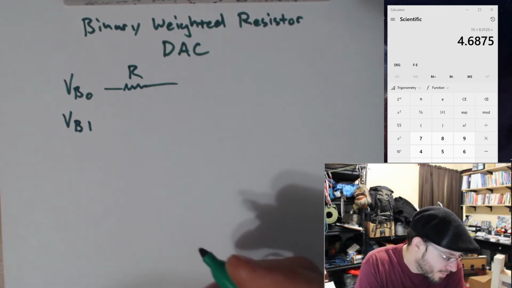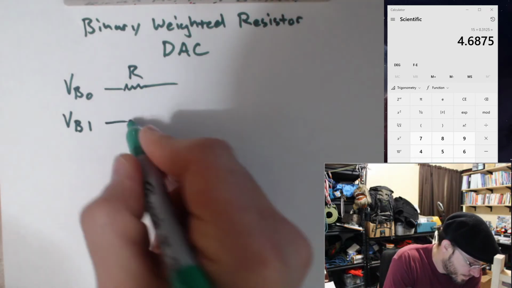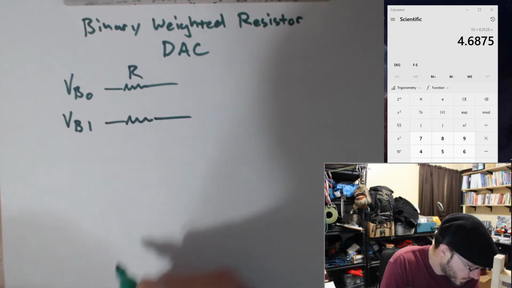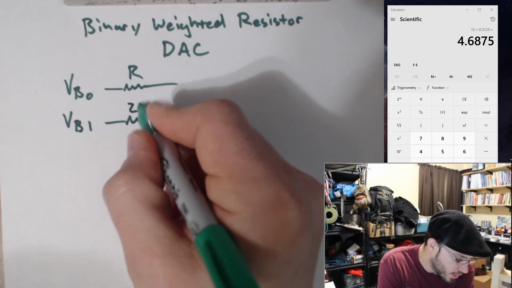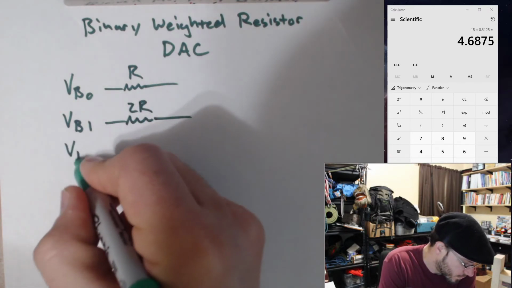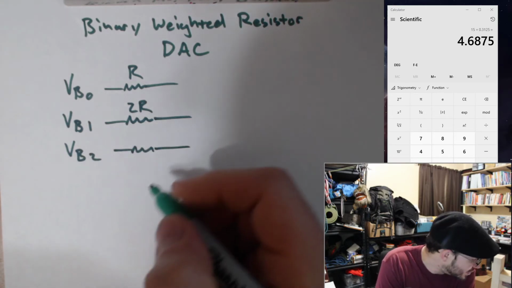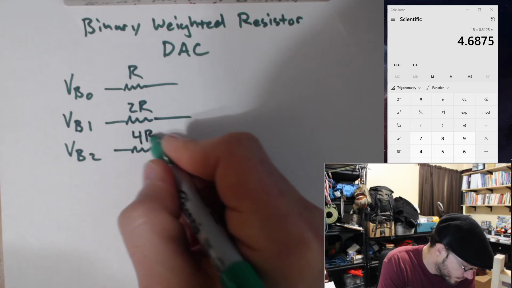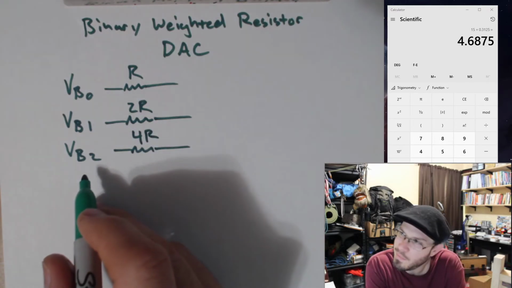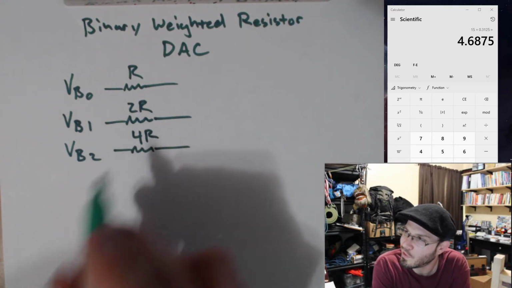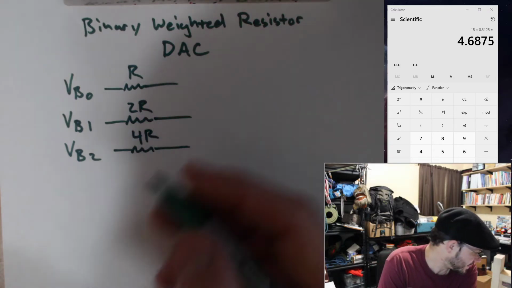Now for our next most significant bit, we're going to give it a value of 2R. And so forth. Notice I'm going to be using powers of 2 for the values of these resistances.